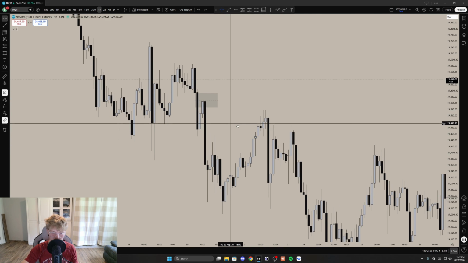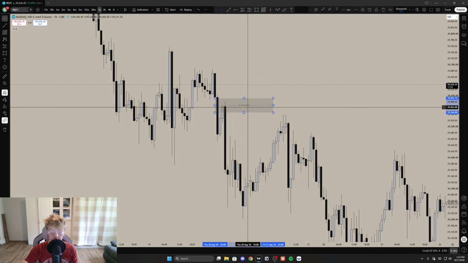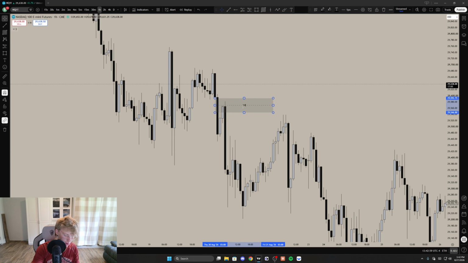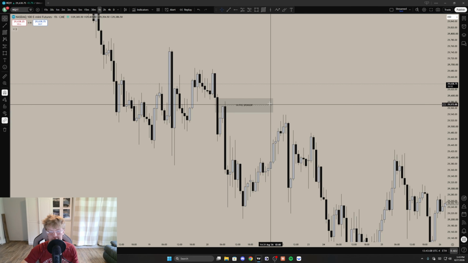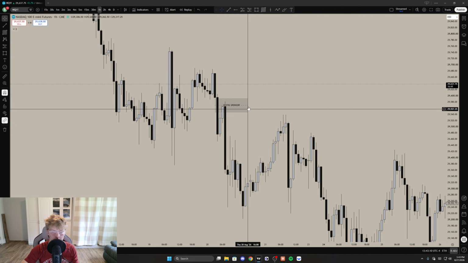Okay. So this 1 hour fair value gap, a bearish fair value gap, is a sponsor. Okay, it is a sponsor of price to be able to see a push lower.